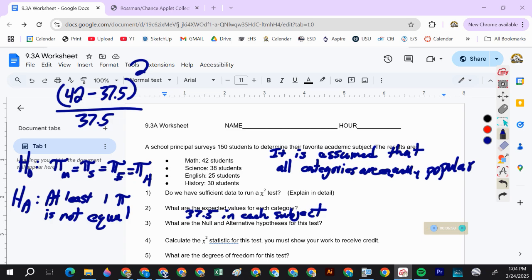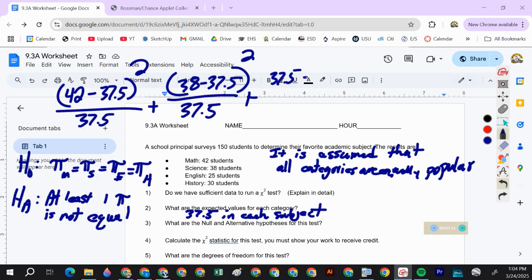So that is the first term of our chi-squared statistic, plus, next one is going to be 38 minus 37.5 squared divided by 37.5. Plus 37.5 minus 25, that'll just make it easier for me to do in my head, and square that.